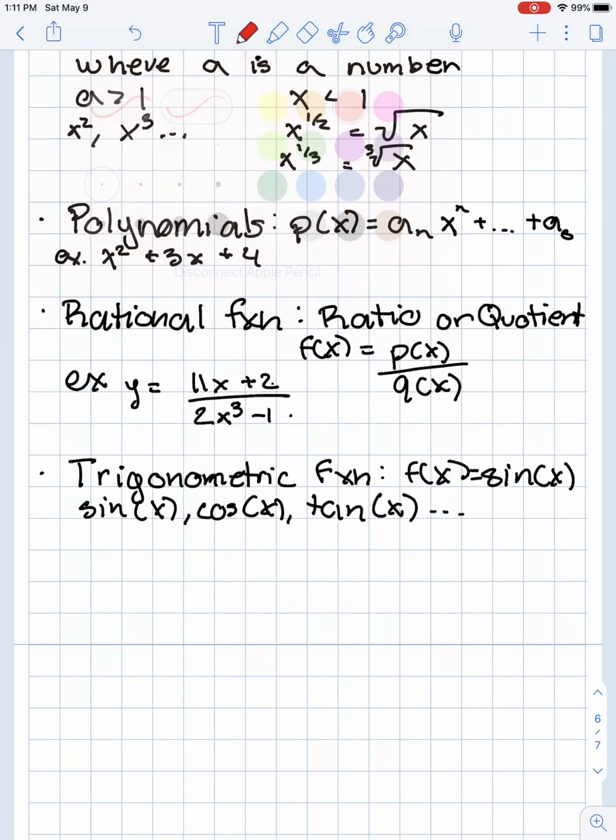Dot, dot, dot. Remember, these are just like how f of x is not multiplication. Sine of x is not multiplying sine times x.